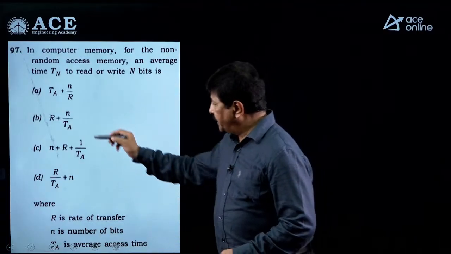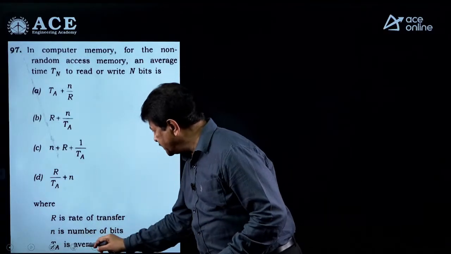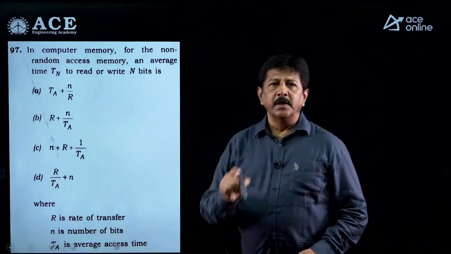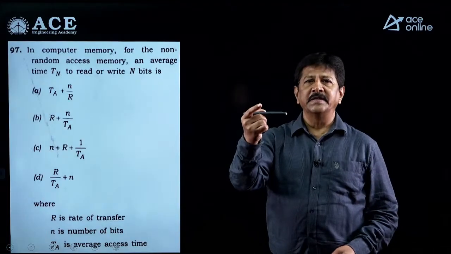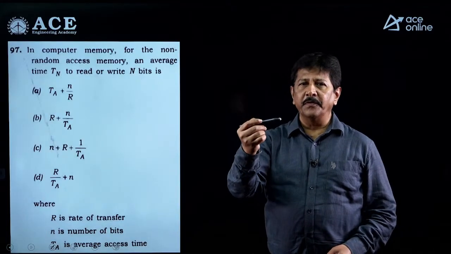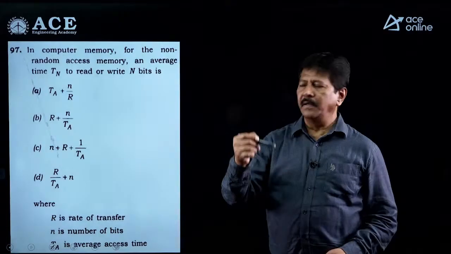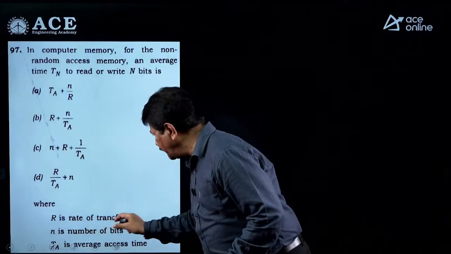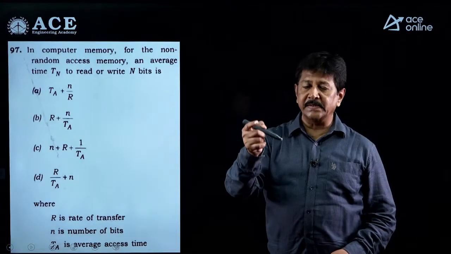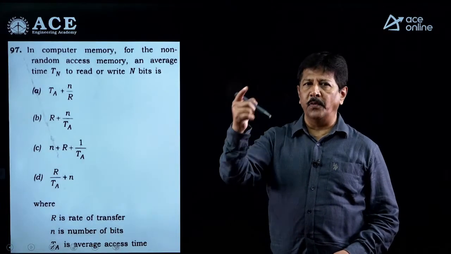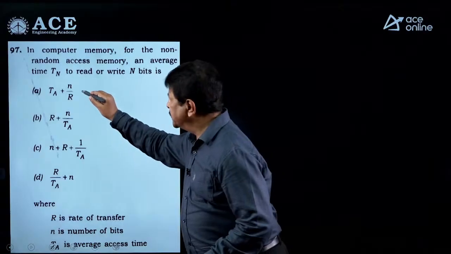TA is the average access time. We require the average access time only once, and after that it is going to take a time of n into 1 by r, where r is the rate of transfer. So access time we require only once, plus n times multiplied by 1 by r. That's the right answer.